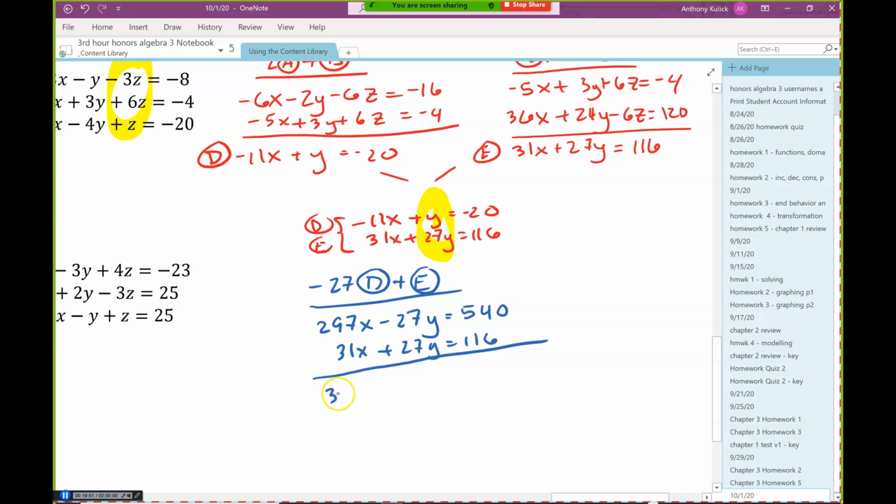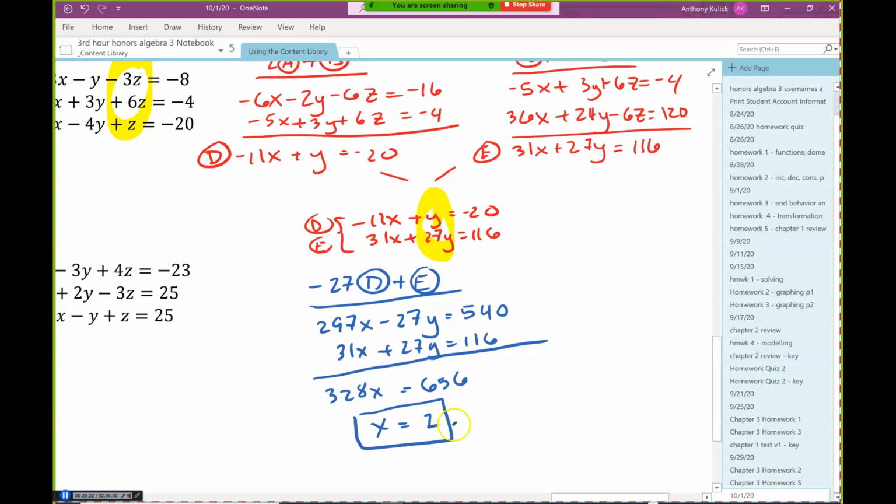All right, so that's 328 equals 656. And if I divide both sides by 328, that's nice. Look what happens, I get just 2. Righteous. That's pretty promising, right? Who feels good about that? When you get a whole number answer, that usually is a pretty good sign, right?